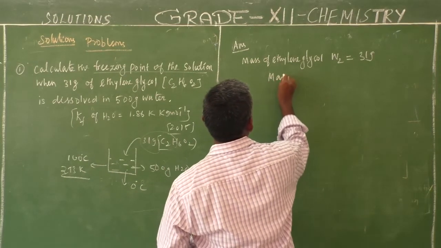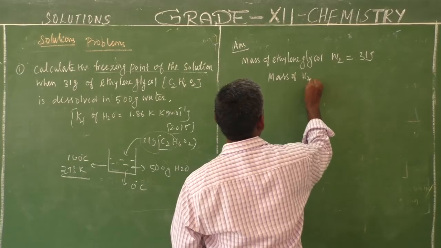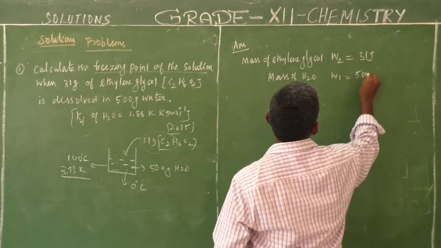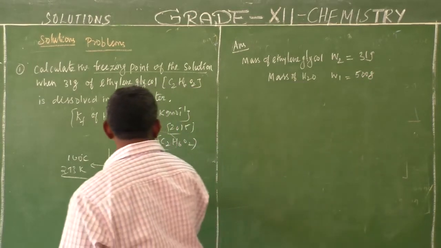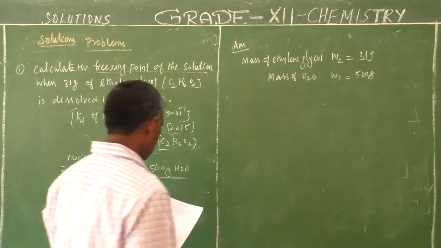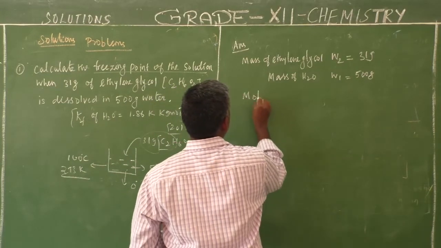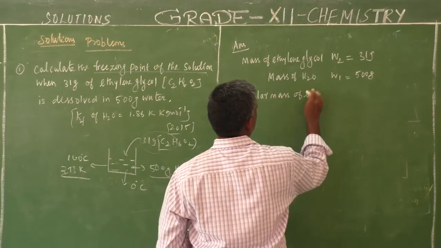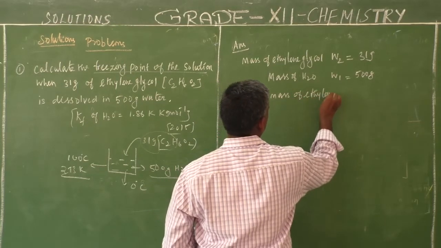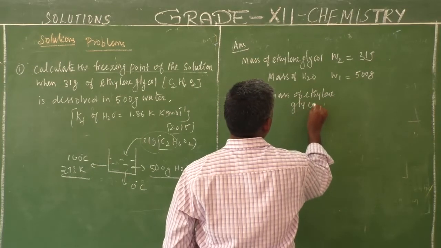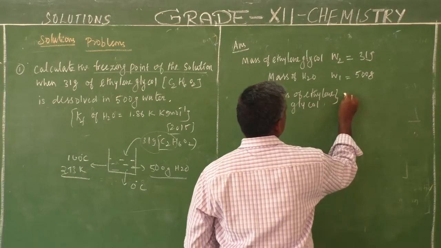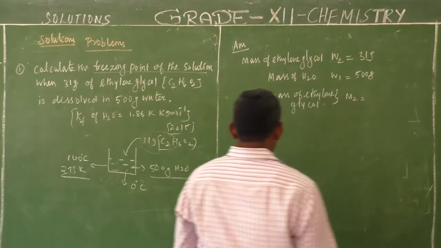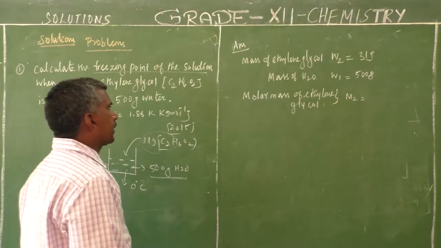Mass of water is the solvent mass, W1, which is 500 gram. Now the molar mass of ethylene glycol, M2, is not given, so we find it.